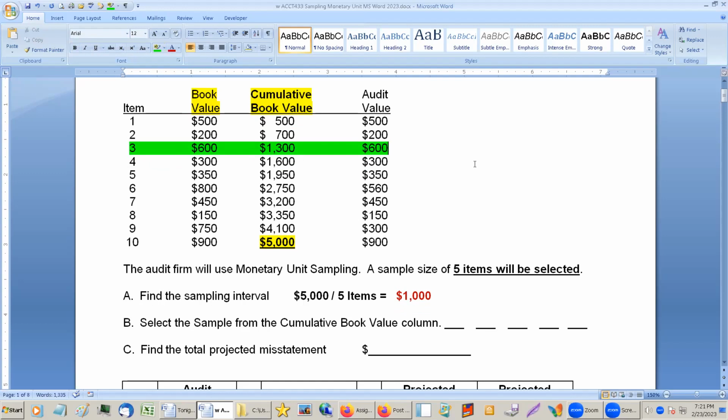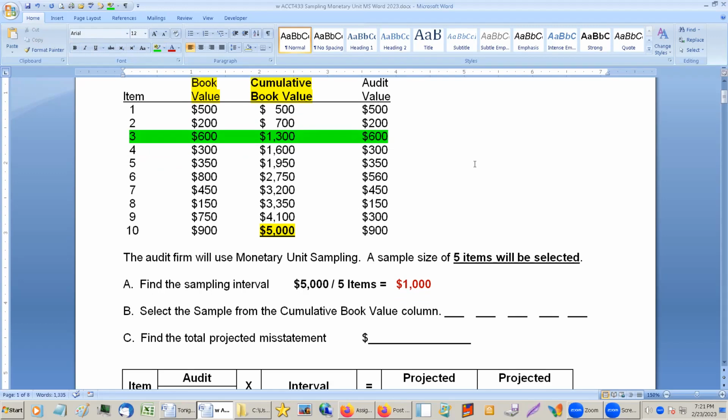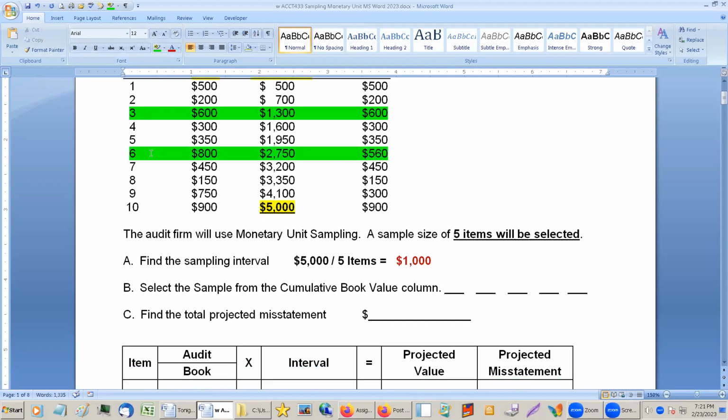Okay, which one passes the 2,000? Item number 6. Yep. 3,000. Number 7. Yep.